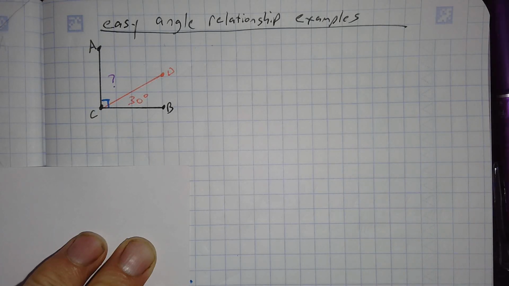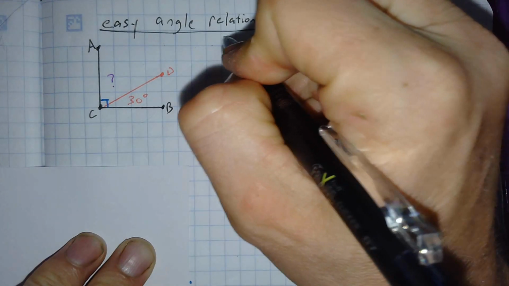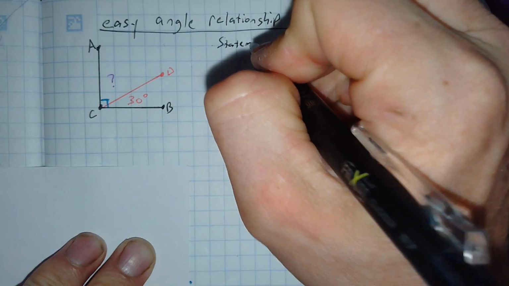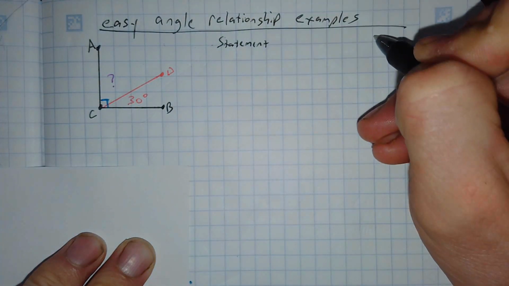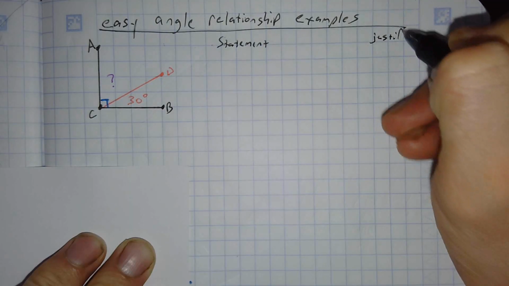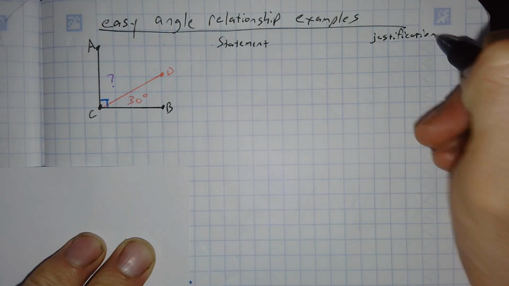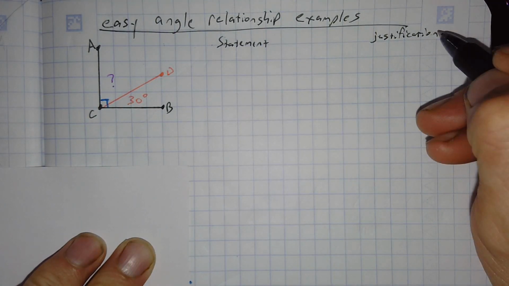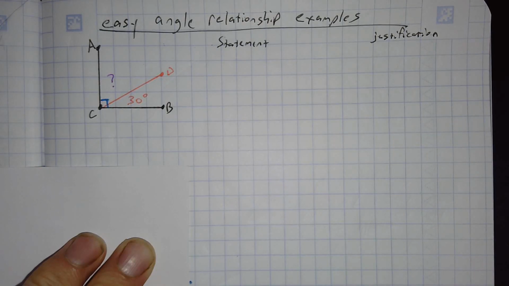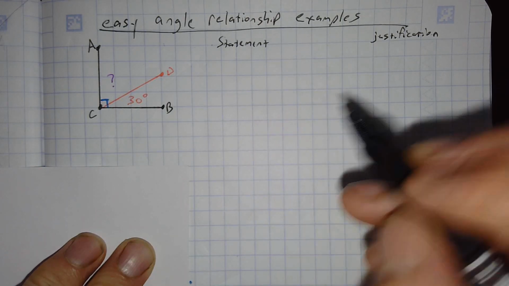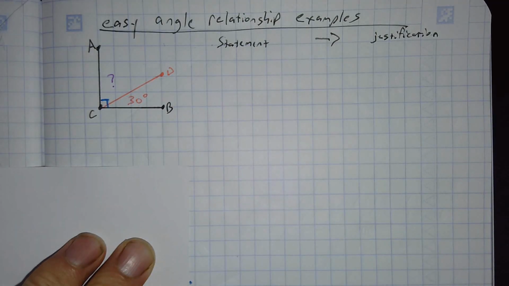So I'm going to make some statement and then a justification for that statement, because you can't just say something all willy-nilly and say, well, it's common sense. You say a statement and then, because of some reason, that it's an acceptable law, axiom, theorem, things like that.